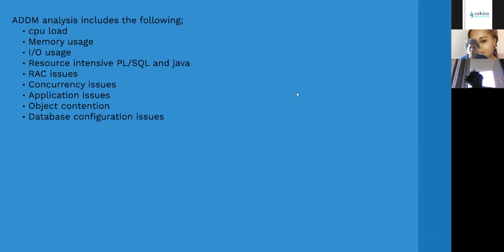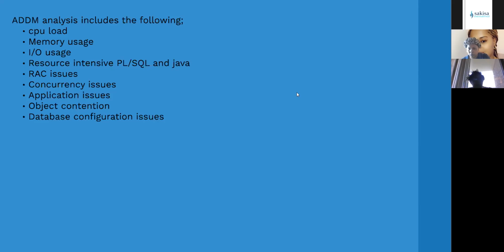We have more than one, so those analyses can include the CPU load, the memory usage, the input or output usage, the resource-intensive SQL or Java, the RAC issue, the concurrency issue, the application issue, the object contention, and also the database configuration issue.